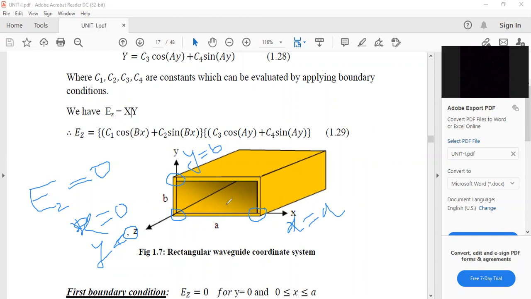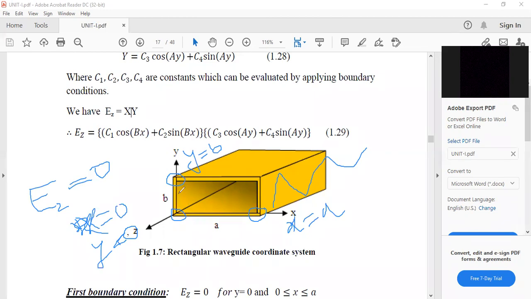This is the length. The x direction is width, the y direction is height, and the z direction is the length direction, along which the wave will propagate. At the walls of the waveguide, the Ez component is 0. That means at x equal to 0, y equal to 0, y equal to b, and x equal to a, Ez is equal to 0.